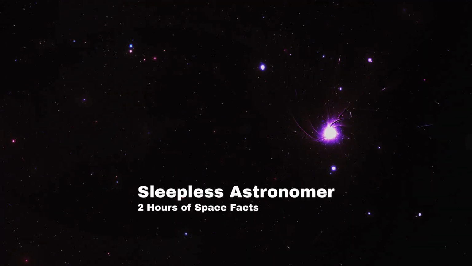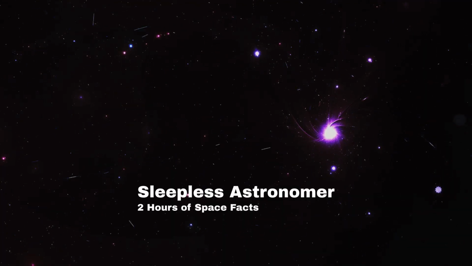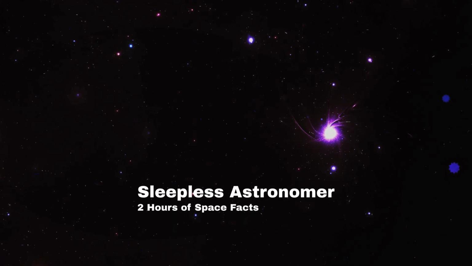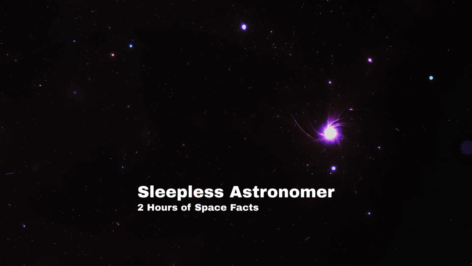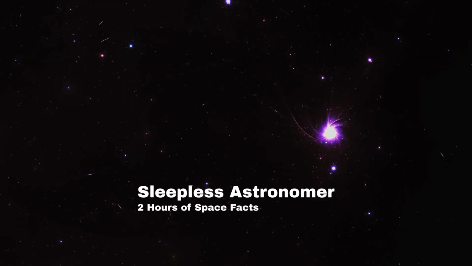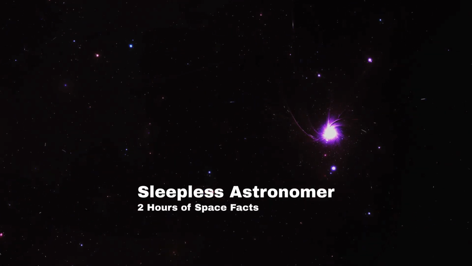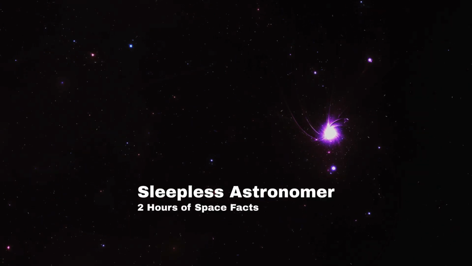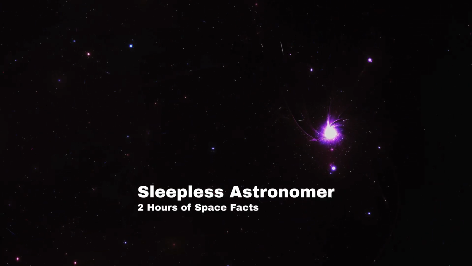Our solar system is just one example among billions of planetary systems filling the galaxy, and the question of whether we're alone in the universe might finally be answerable through observations of the atmospheres of distant worlds orbiting alien suns.